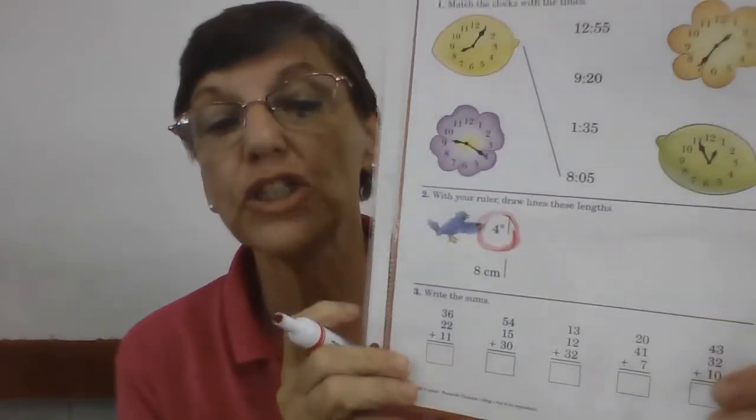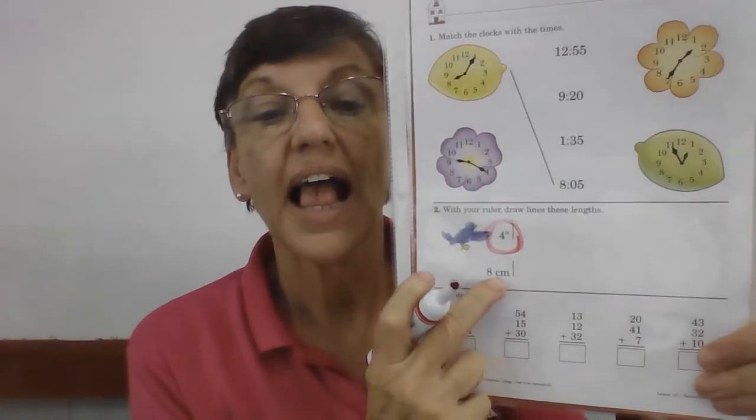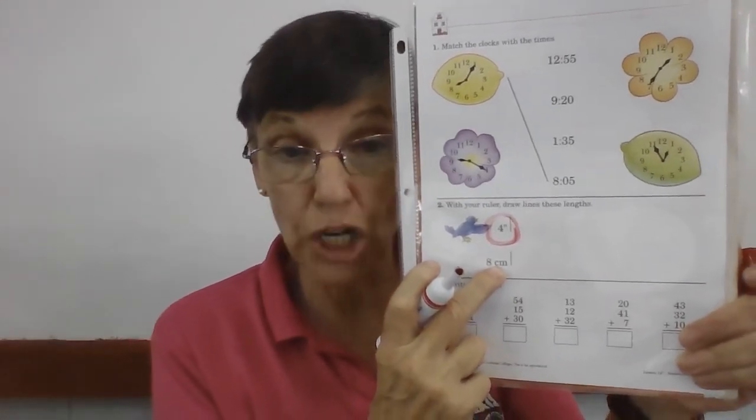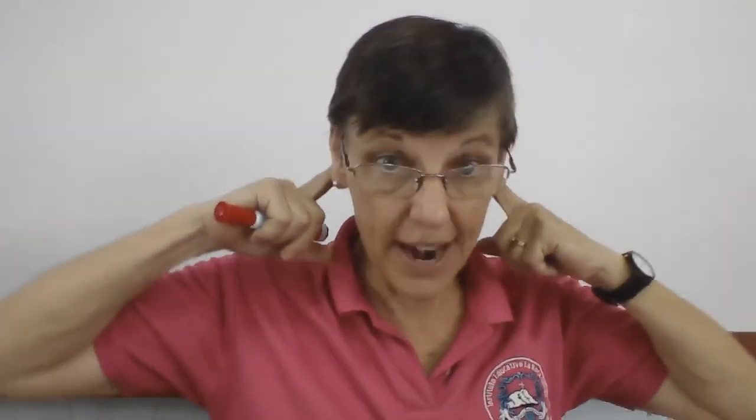Inch, 4 inches. What is this? 8 centimeters. Make sure you use the right side of your ruler, right? And then this part down here, let's see how well you do. Turn your eyes on. Turn your brain on, right? Okay, have fun. See you later.